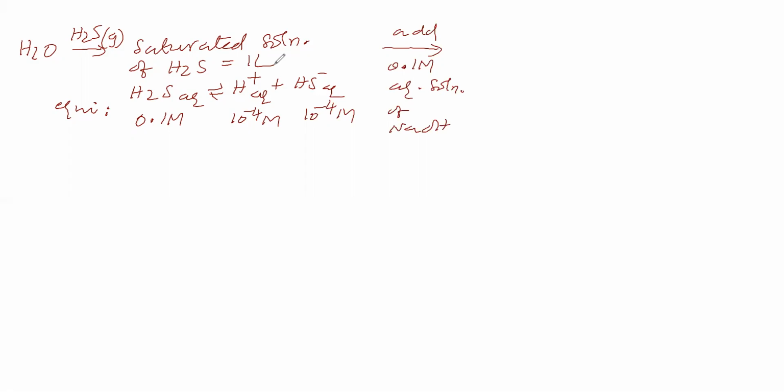Then we will add 10 to the power of minus 5 moles of sodium hydroxide. So we added sodium hydroxide into the saturated solution of H2S.